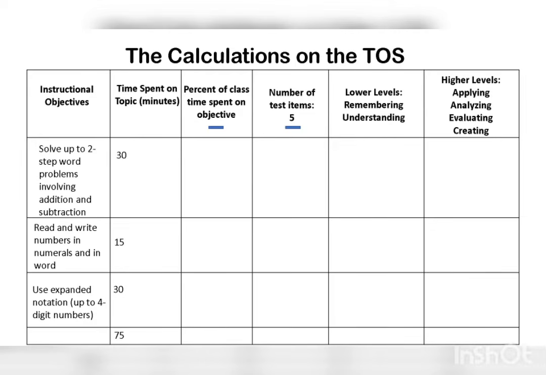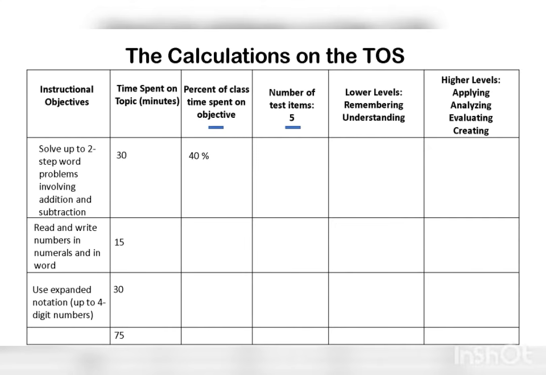Now that we have worked this out, we would come up with 40% of class time spent on this objective. So now I'm going to give you a chance to work out the percent of class time spent on the second objective and also the third objective.